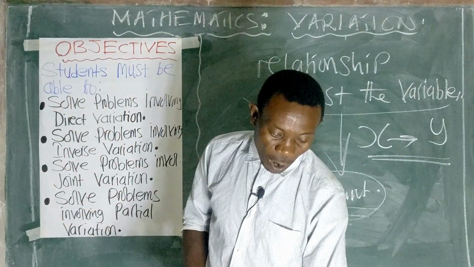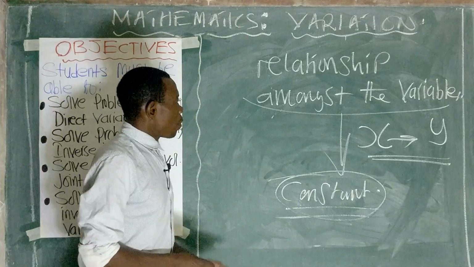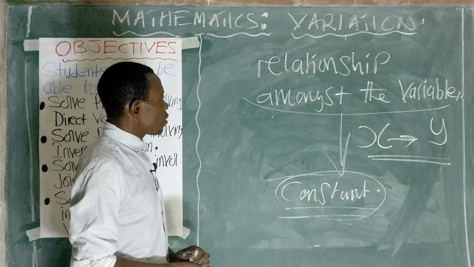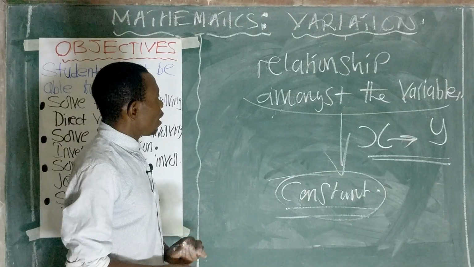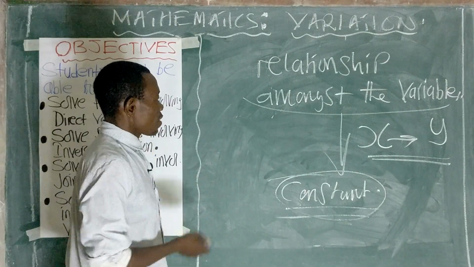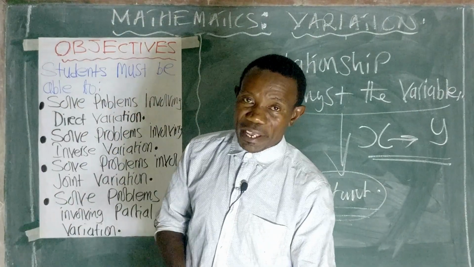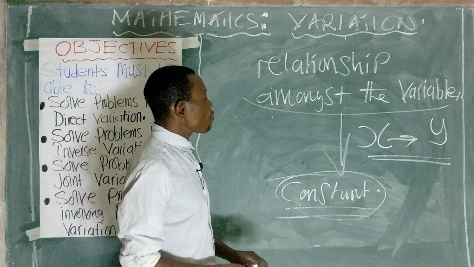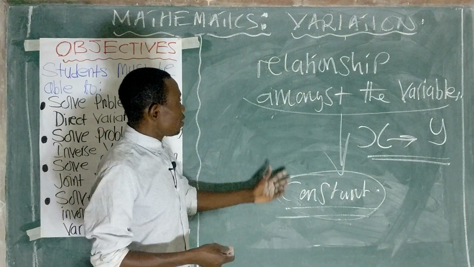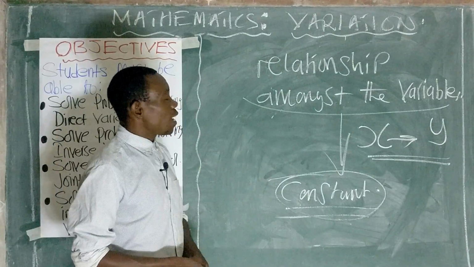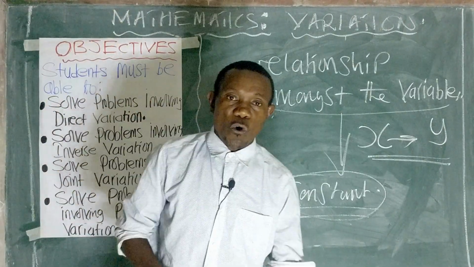Right, so now before I talk much about these quantities, let me first of all inform you that the relationship we are going to focus on here will be based on only 4 ways. Which is to say that the quantities can vary in 4 ways.